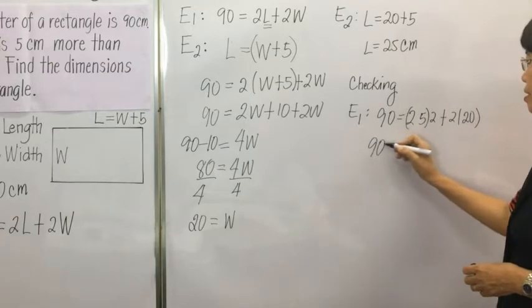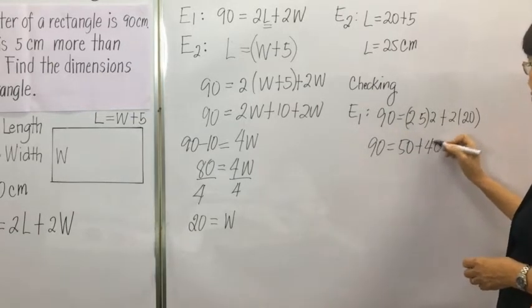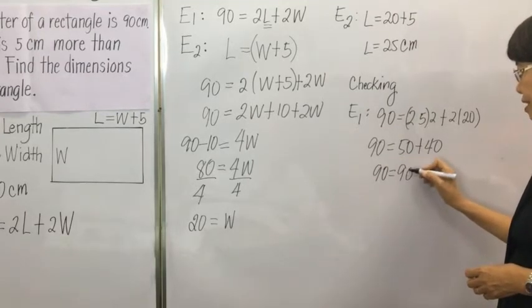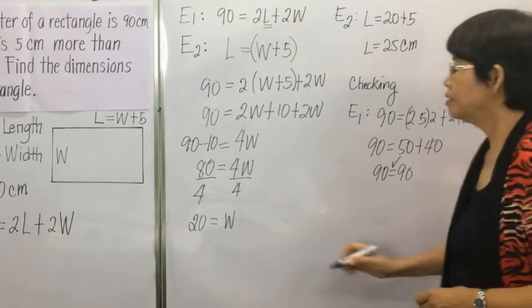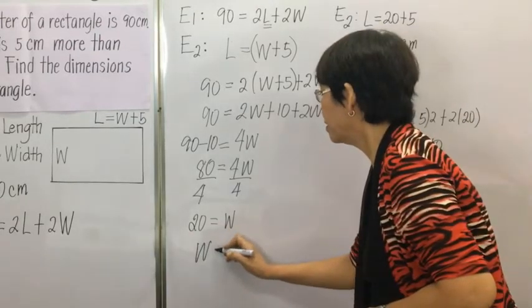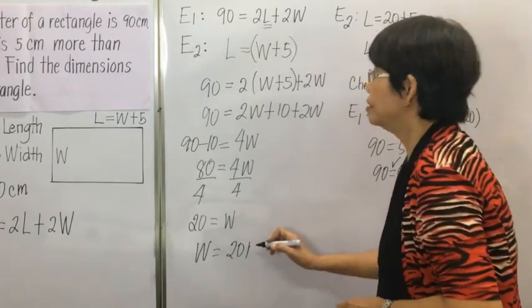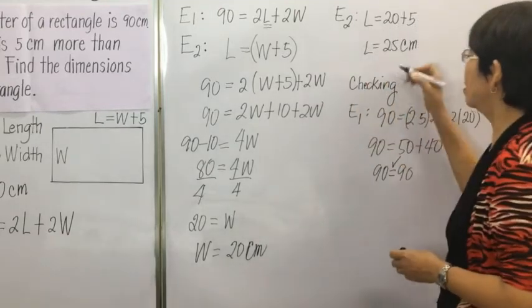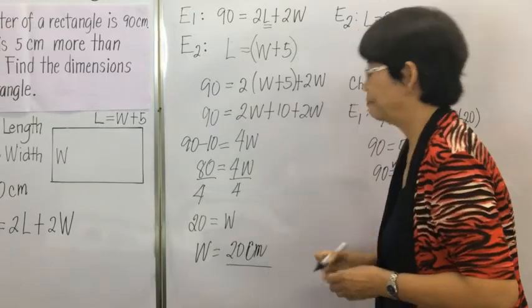So 90 equals 50 plus 40. 90 equals 90. Correct. So W, or our width, is equal to 20 centimeters, and our length is 25 centimeters.